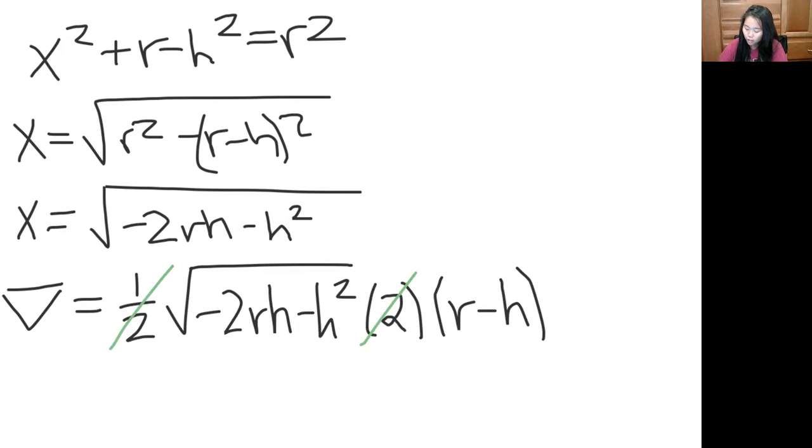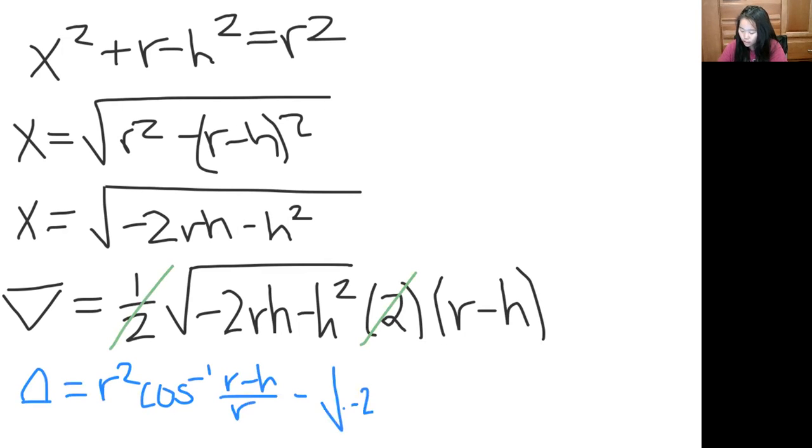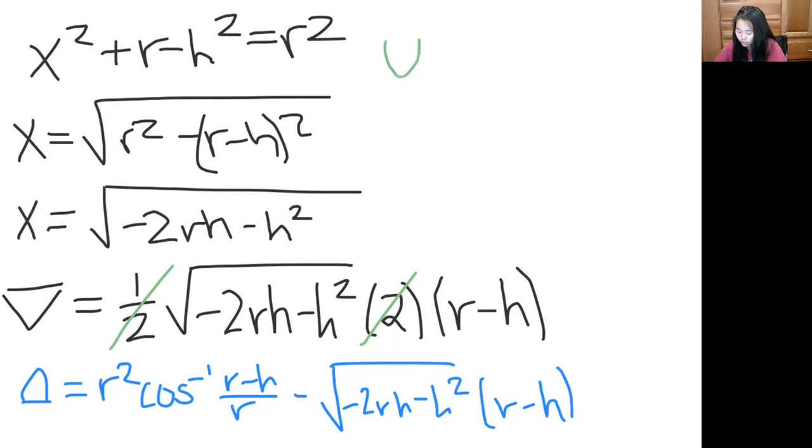So now the top part of the log that is untouched by the water is equal to r squared inverse cosine of r minus h over r, and we have this minus the square root of negative 2rh minus h squared times r minus h. Redrawing the figure equation, the semicircle, which is the cross-sectional area of the water, is equal to the entire circle minus the smaller cross-sectional area of the untouched log.